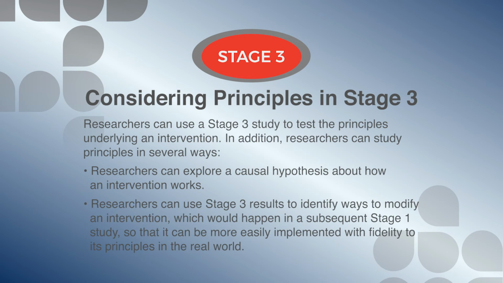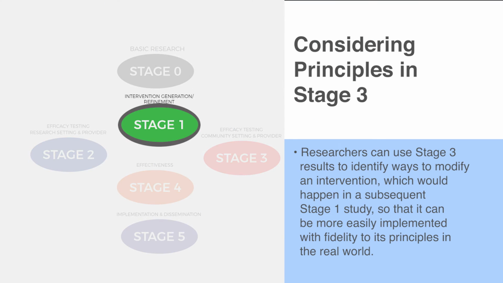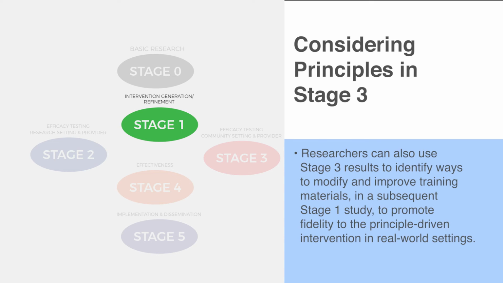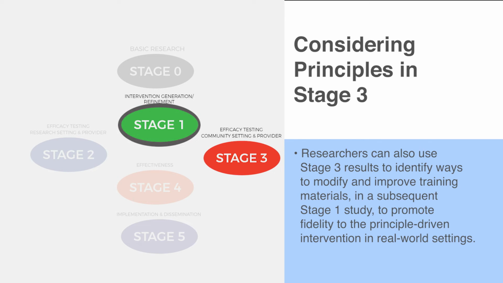Researchers can use Stage 3 results to identify ways to modify an intervention, which would happen in a subsequent Stage 1 study, so that it can be more easily implemented with fidelity to its principles in the real world. Researchers can also use Stage 3 results to identify ways to modify and improve training materials in a subsequent Stage 1 study to promote fidelity to the principle-driven intervention in real-world settings.